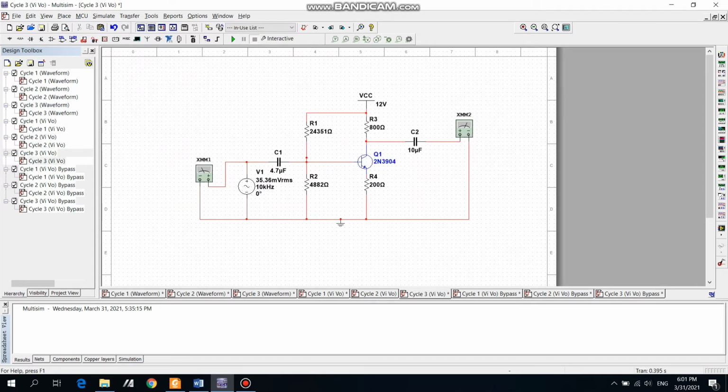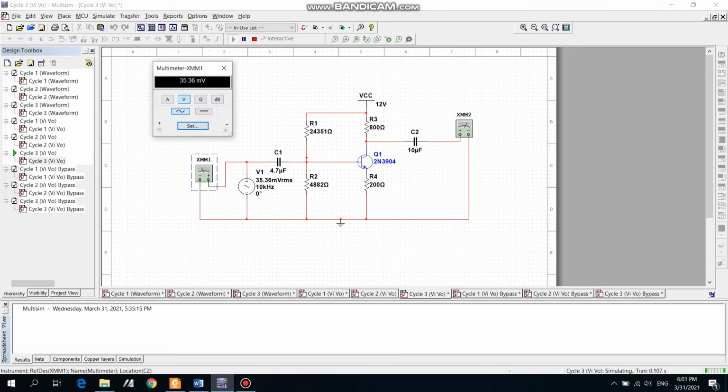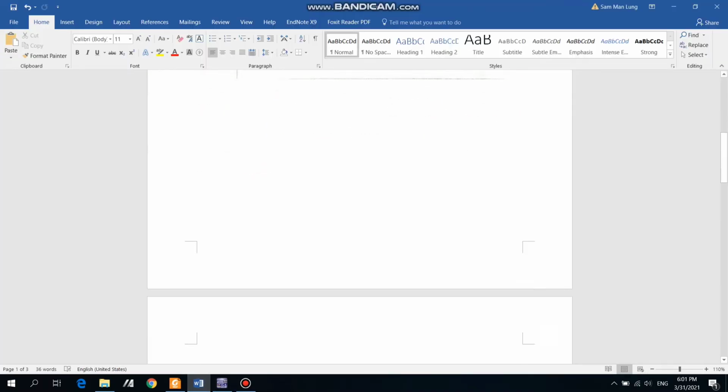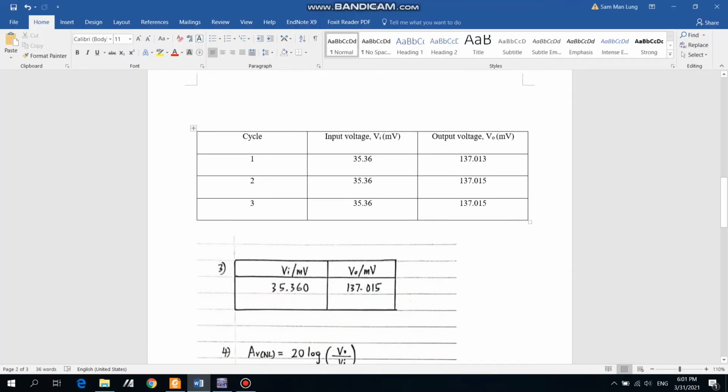This is cycle 3, and then we simulate it. Okay, we get the output voltage and input voltage, so we group it in the table. We can observe that the input voltage and output voltage from the 3 cycles is almost the same.